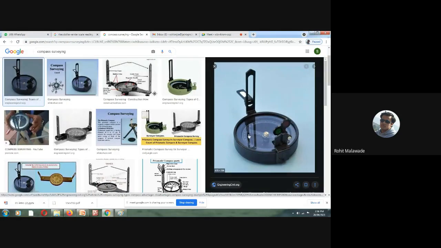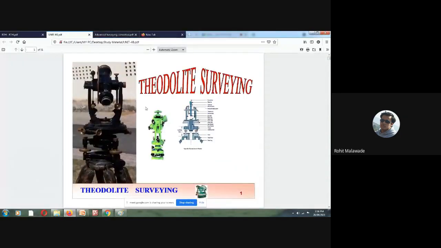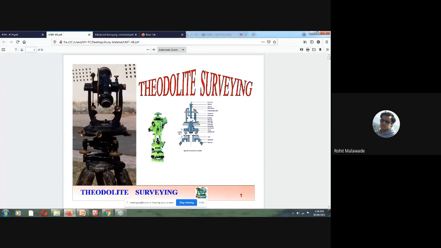But when we come to the theodolite, when we want to use the theodolite instrument, this instrument we call a theodolite. So the theodolite is able to measure both the horizontal and the vertical angle.